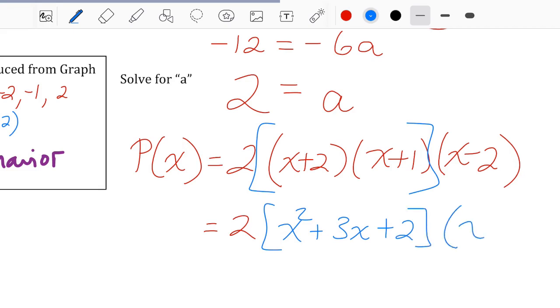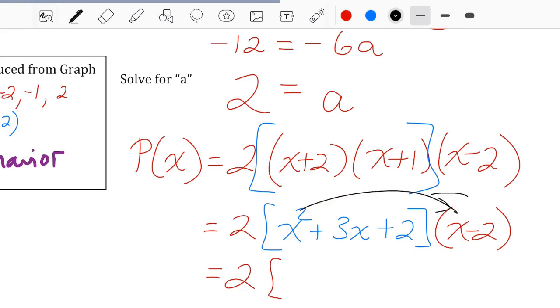But I still have this x minus 2 that's left over here, and that x minus 2 also needs to be part of the expanding or distributing. Now, notice I haven't done anything with my coefficient of 2. That's right, I'm going to keep that coefficient until the last step. But I do need to continue to expand all this.